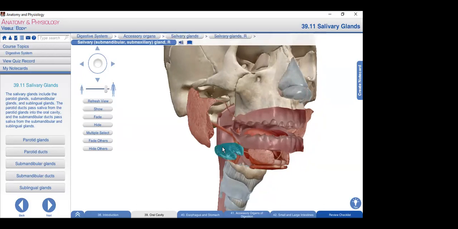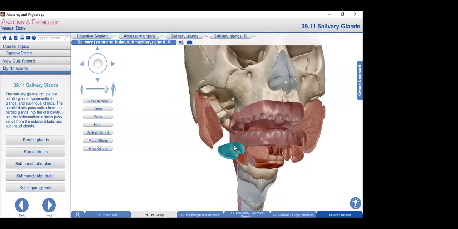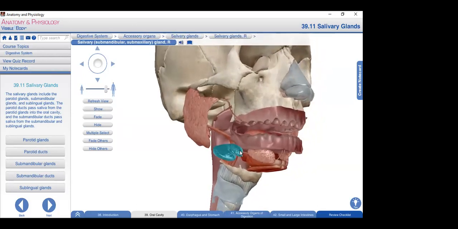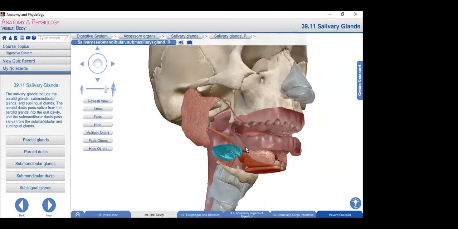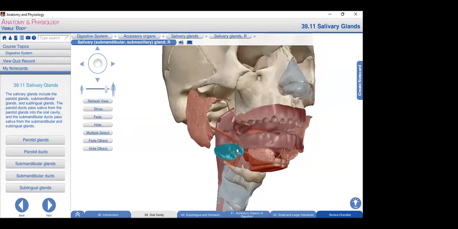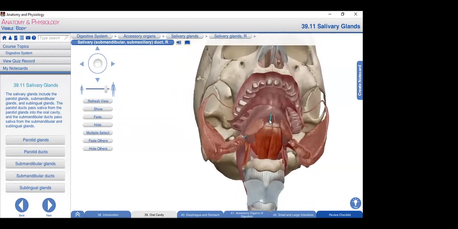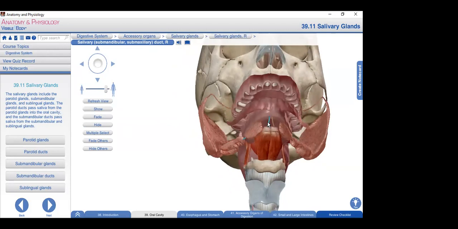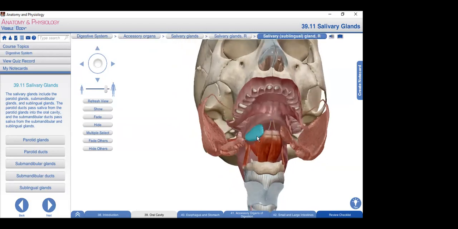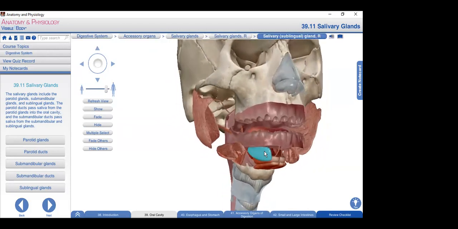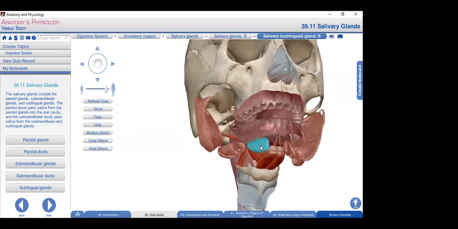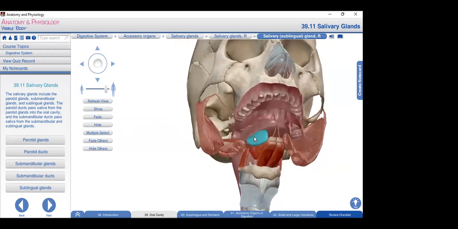This is the submandibular gland, which lies on the floor of the mouth, medial to the angle of the jaw. And this is the submandibular duct, which opens at the side of the frenulum of the tongue. And this is the sublingual gland, which opens directly into the floor of the mouth.